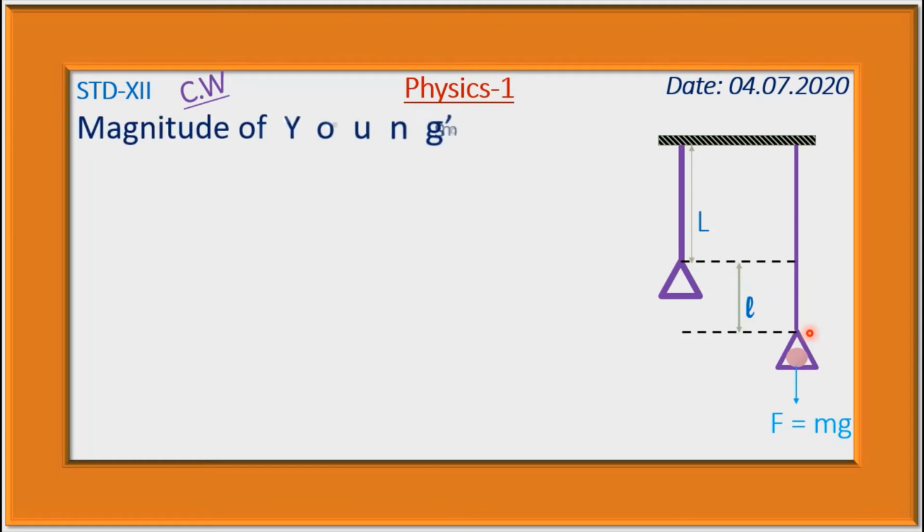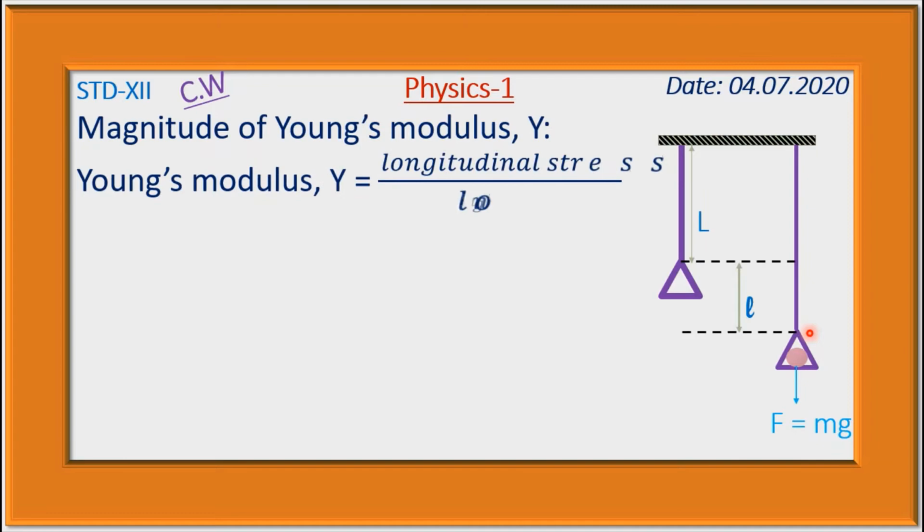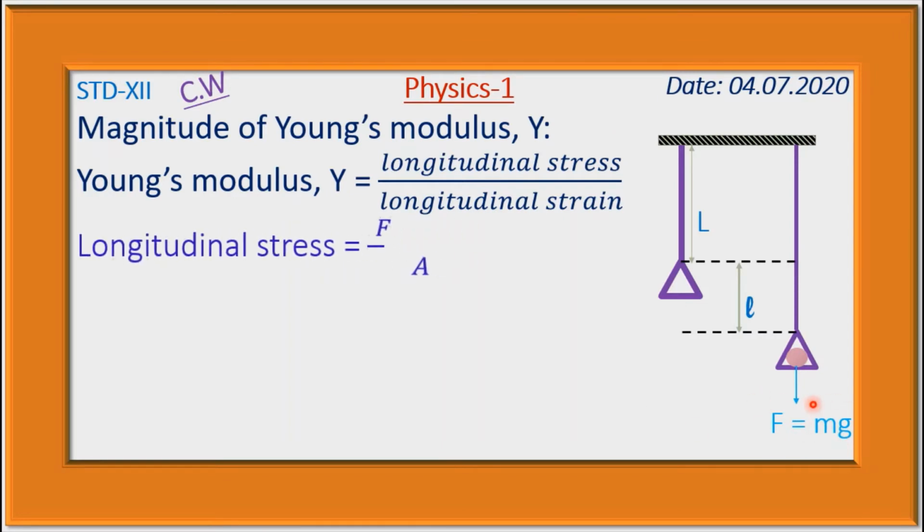Now, magnitude of Young's modulus Y. We know Young's modulus Y is equal to longitudinal stress divided by longitudinal strain. Here the initial length of the wire is capital L, and small l is the increase in length due to the application of force F equal to mg, and therefore longitudinal stress is equal to force divided by area.